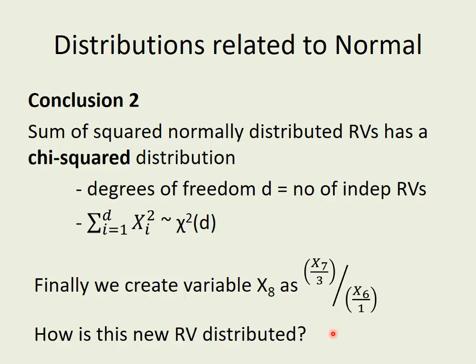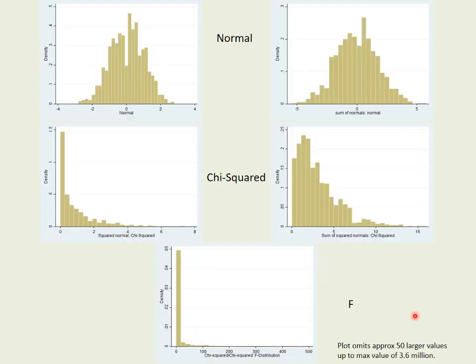Okay, so how's this F distribution distributed? It's like this. This is the F distribution, which is the ratio of this one divided by this one. You can see it's a bit like this figure, but it's much more skewed. It's really extremely skewed, because just occasionally you get numbers where you're dividing by very small numbers, so you get colossal numbers.